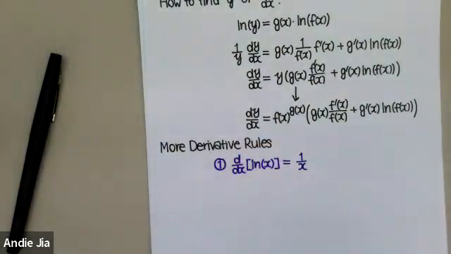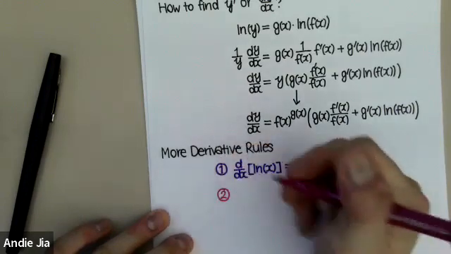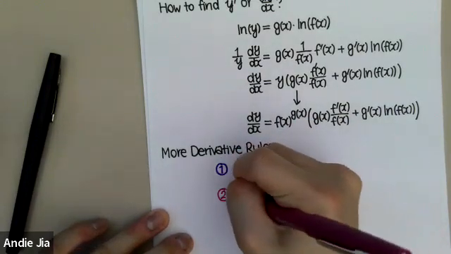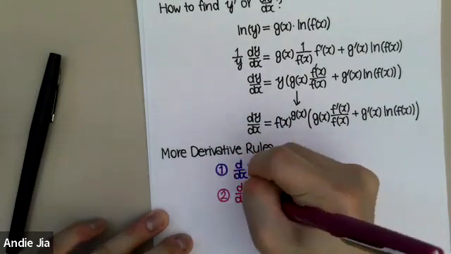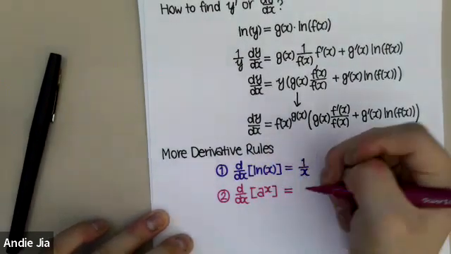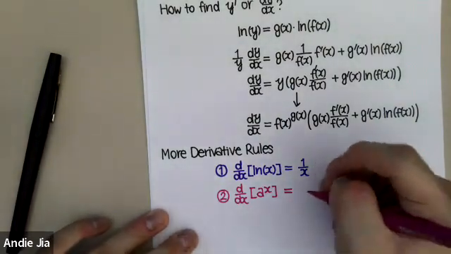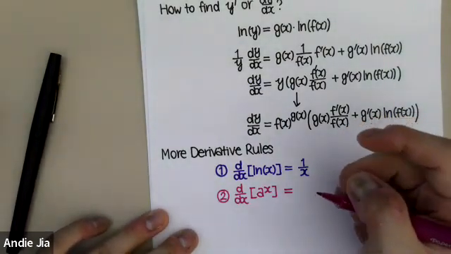And number two, a constant to the x: d/dx of a to the x is a to the x times natural log of a. Make sure a is not 0.